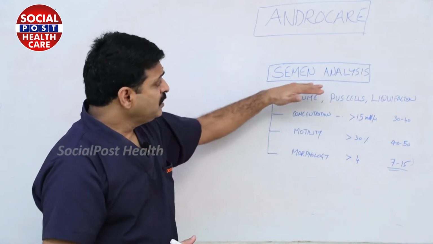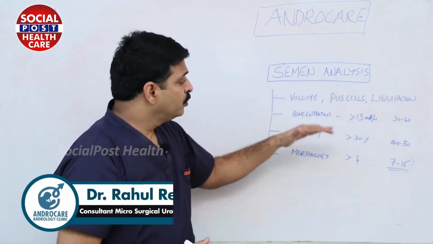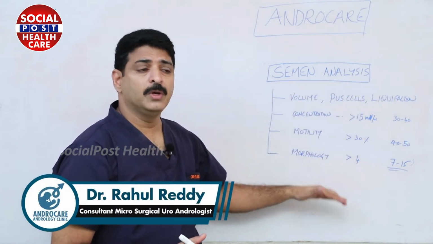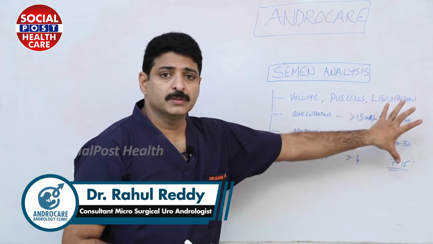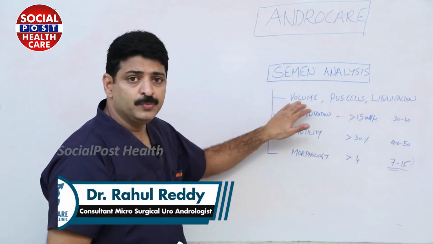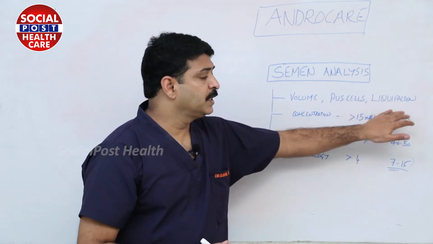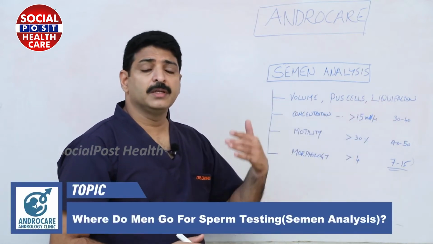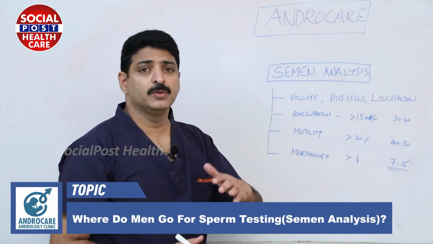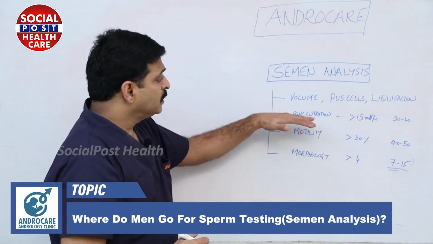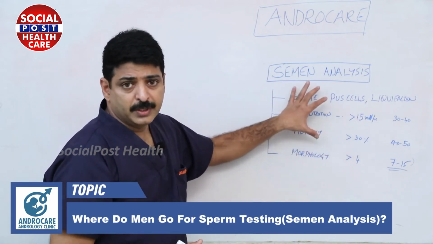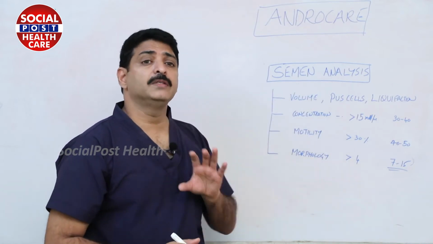Second, once the semen analysis is given, what do we look for in the report? One is semen volume, second is pus cells, third is viscosity or liquefaction. There are other things like pH, which are not as important, but these are very important in a normal semen analysis report.